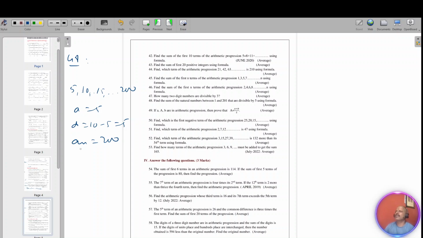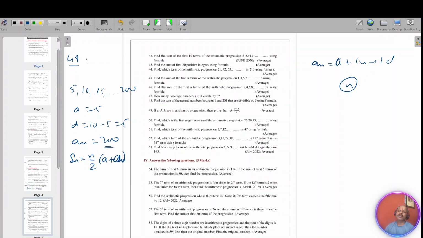The sum of natural numbers divisible by 5. First you find N here, or you can do one thing. You apply the sum, they asked, right? Sn is equal to n by 2 of A plus L. L means AN, right? N we don't have, the number of terms here, right? So for that, separately find AN is equal to A plus n minus 1 into D and find N there, and come back and apply here. Okay, you will get the sum.